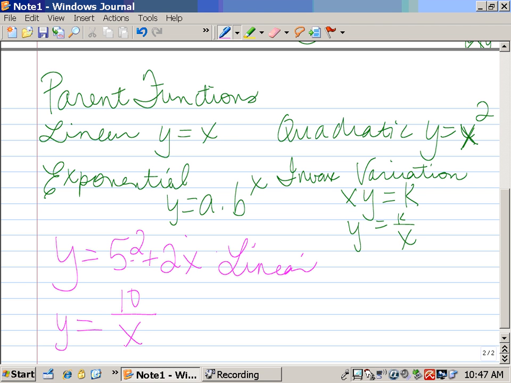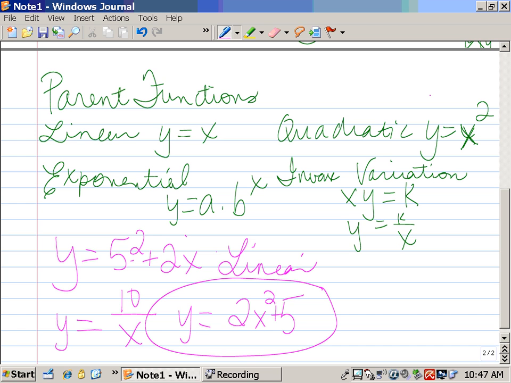Okay, how about that's exponential. Now what if I take the 2 and just take the x and put it here? That's linear. And if I put a square on the 5? Still linear. And if I put a square on the x?